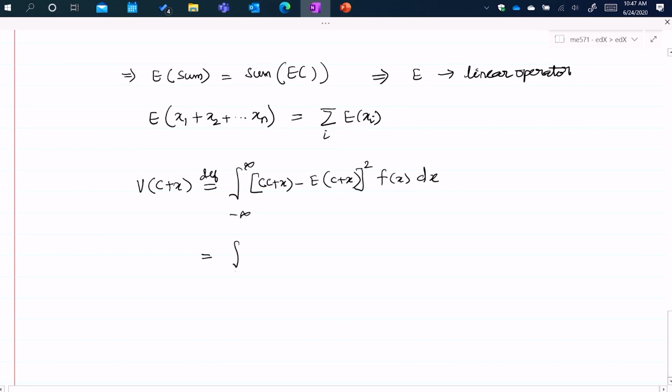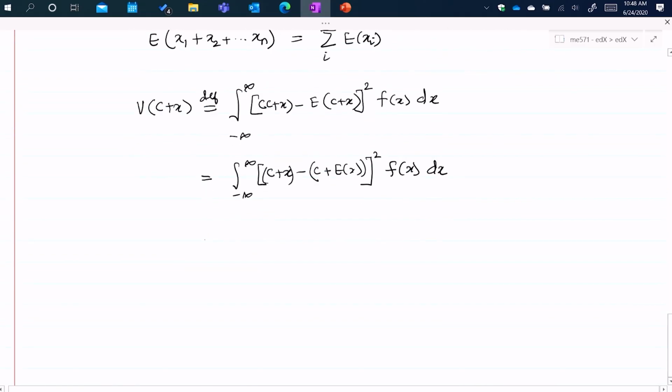And this is the integral from minus infinity to plus infinity of (c plus x minus the expected value of c plus x, which we know to be c plus the expected value of x) whole squared f of x dx, and this is equal to the integral from minus infinity to plus infinity of (x minus the expected value of x, which we can write as x bar) whole squared f of x dx, and that is nothing but the variance of x.